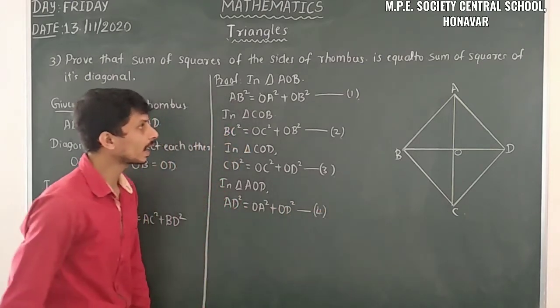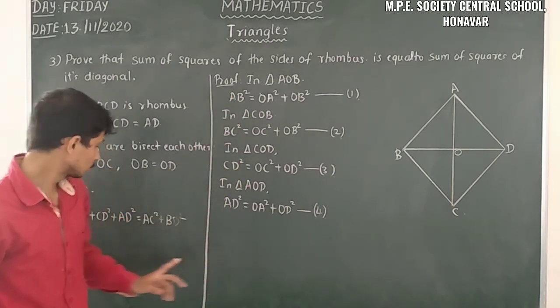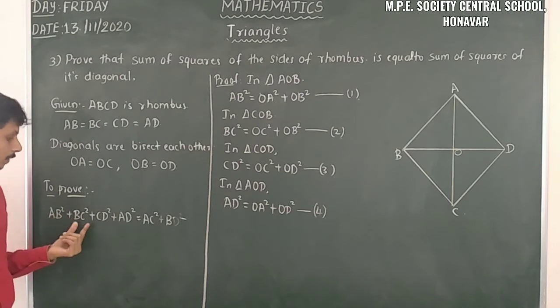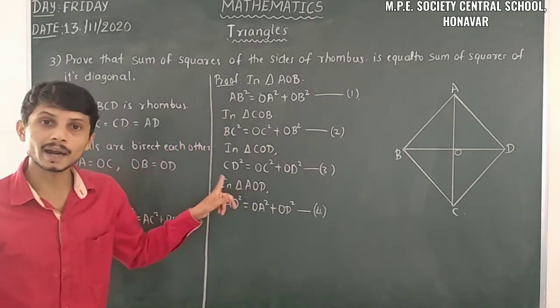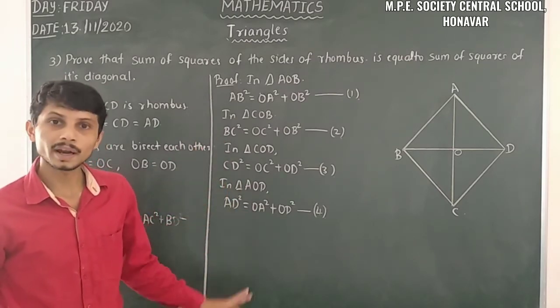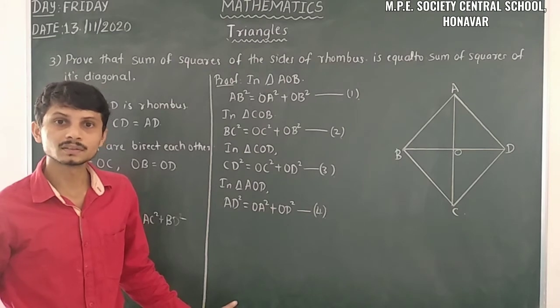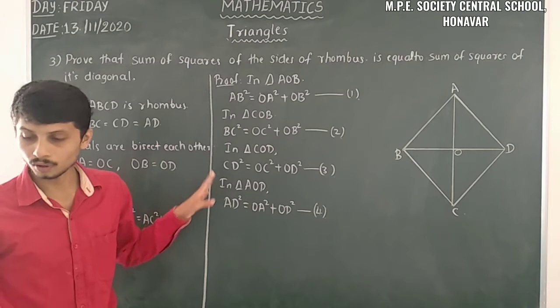So here we want AB square plus BC square plus CD square plus AD square. For that we have to add all those things. Add 1, 2, 3 and 4 and then we can get the result.